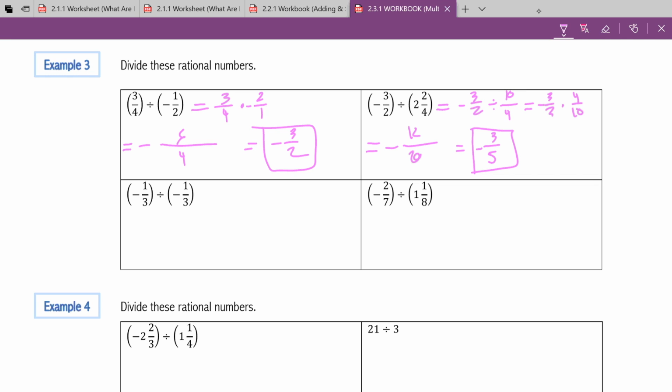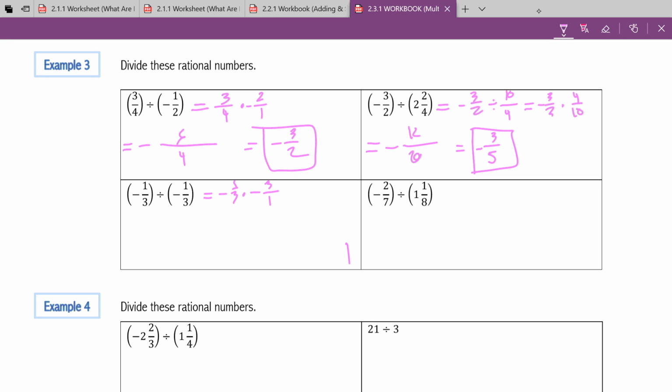All right, negative a third divided by negative a third. Oh, you could do this a couple different ways. The easiest way is by considering any number divided by itself. What is anything divided by itself? Simply 1. Make sense? All right, let's see how we do it the arithmetical way. This is going to become negative 1/3 times, and the inverse of 1/3 would be 3 over 1.